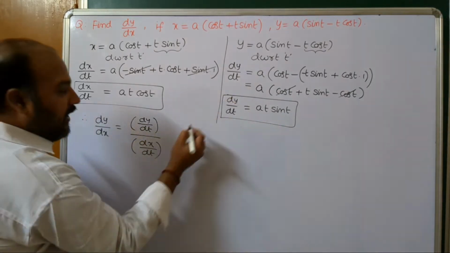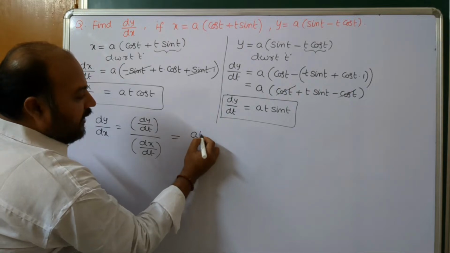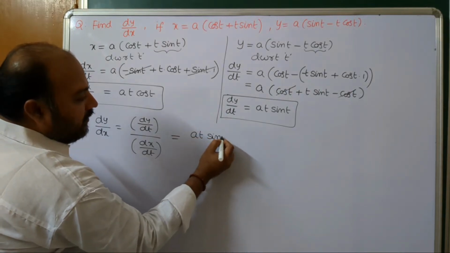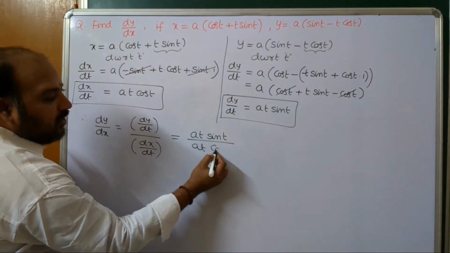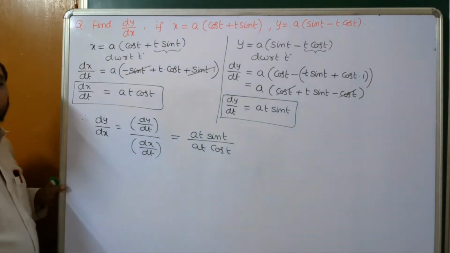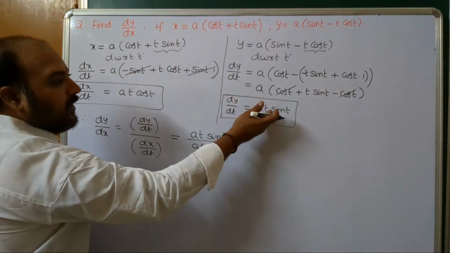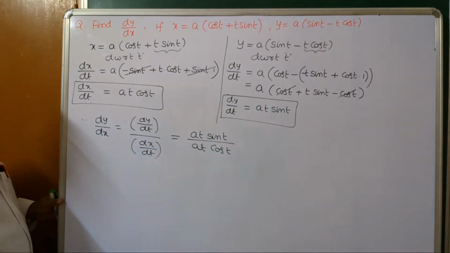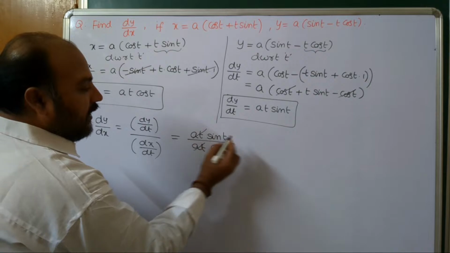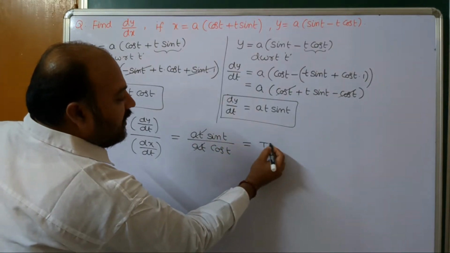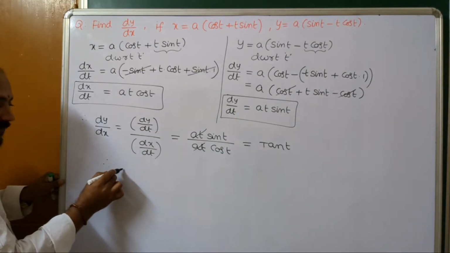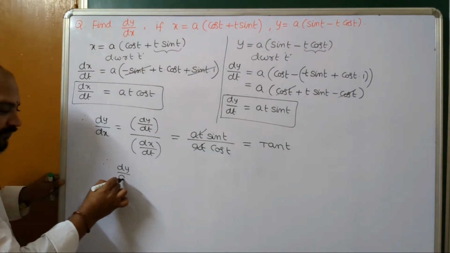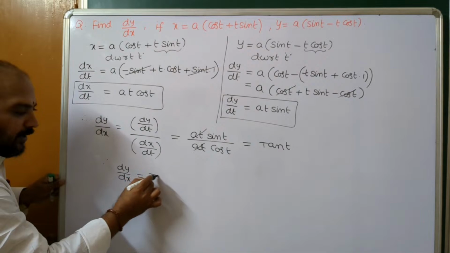So dy by dt value is a sin t, divided by dx by dt, a cos t. So a sin t and a cos t, the a gets cancelled. Sin t by cos t is tan t. Therefore the value of dy by dx is equal to tan t.